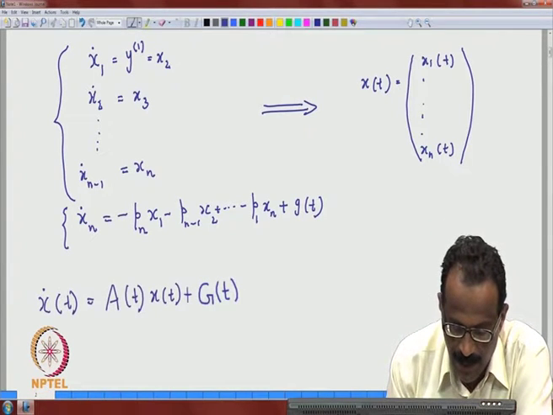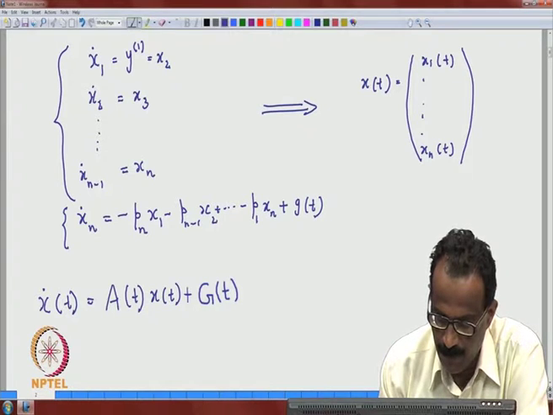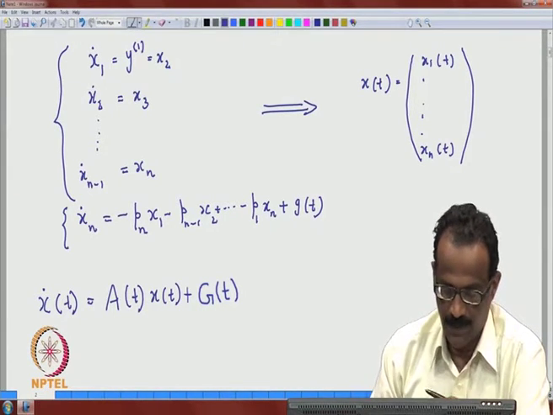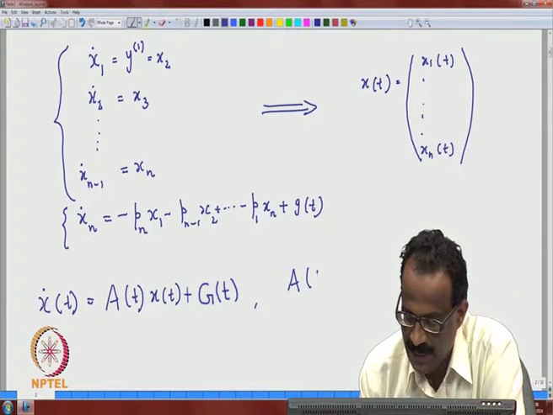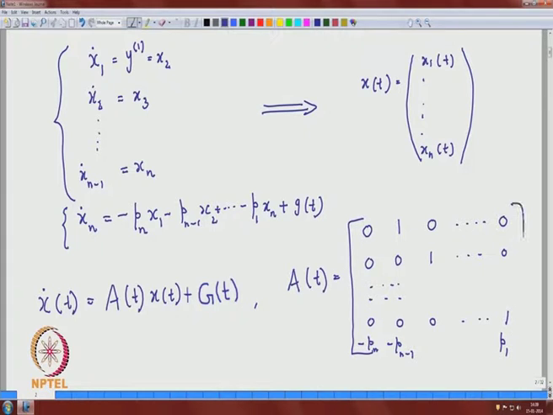If you combine all these, you will write your equation as x dot of t is equal to the matrix A(t) into x(t). Here A(t) is a matrix of a special form: 0 1 0 0, then 0 0 1, like that, and in the last row you will have minus P_n, minus P_{n-1}, etc., up to minus P_1.